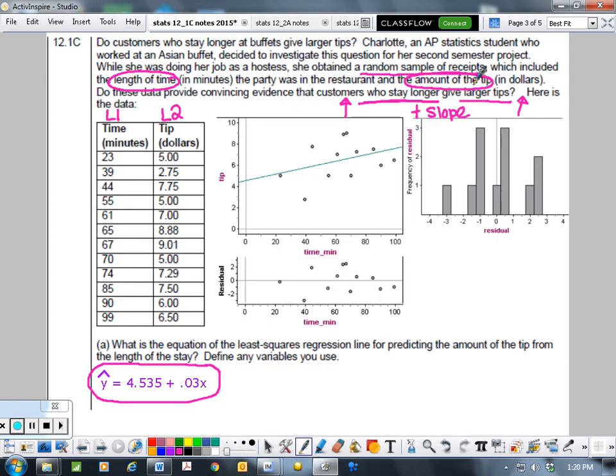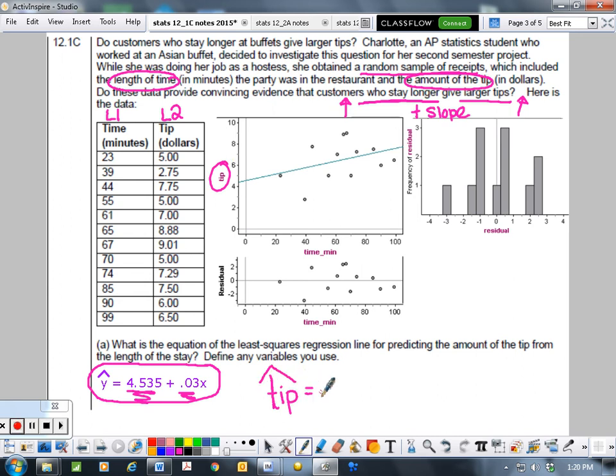So we've checked all of our stuff. Now we're going to go ahead and answer all the questions we have. So when we did our regression line, we ended up with this. Here's our y-intercept, our a value. Here was our b value, our slope. And now we have to actually write it where we're defining the variables. So our y variable was tip. So this is our tip predicted. So we put the hat on it.